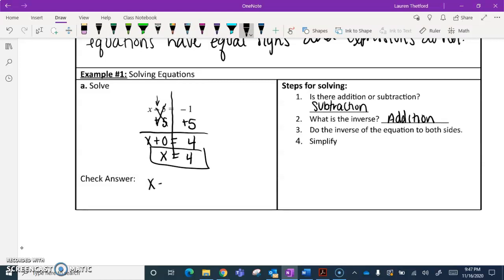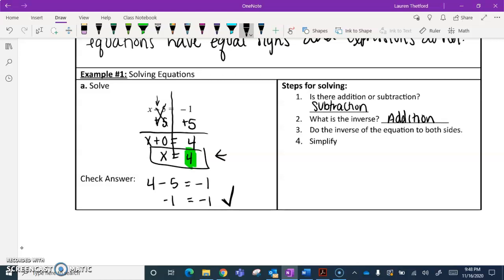So we had x minus 5 equals negative 1. Now we get rid of that x, and we're going to put that 4 where the x was. So 4 minus 5 gives us negative 1, and negative 1 is equal to negative 1. So we know that we got that answer right.